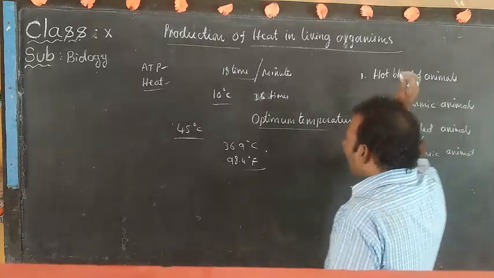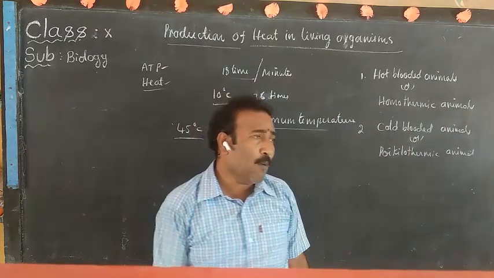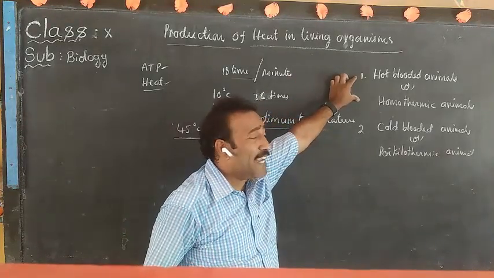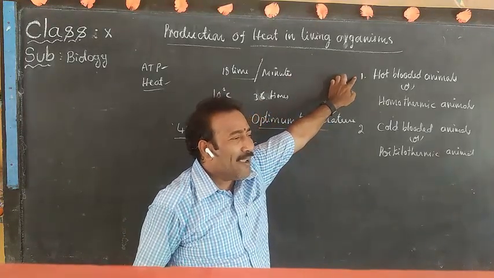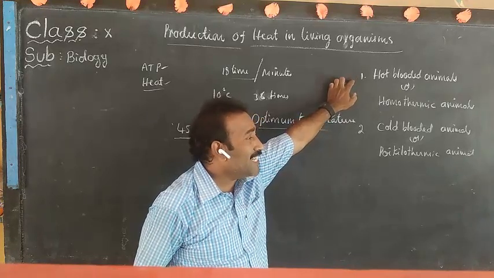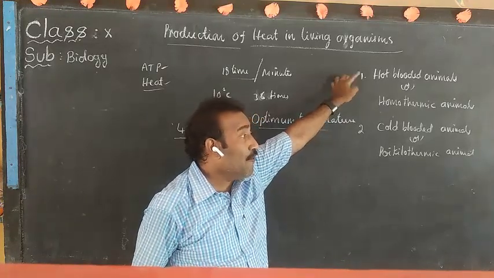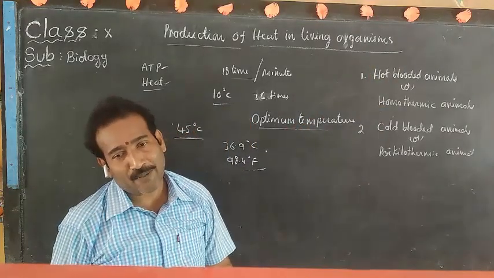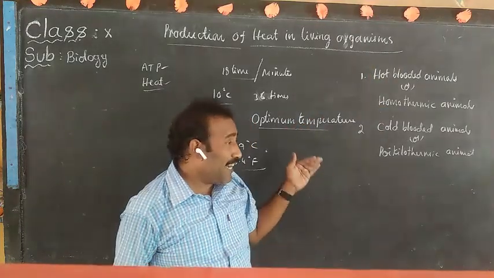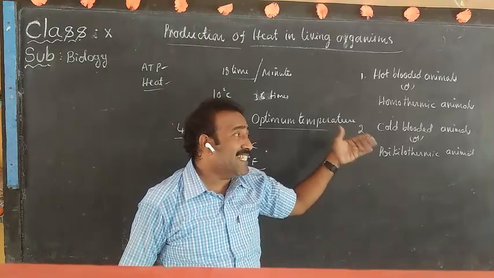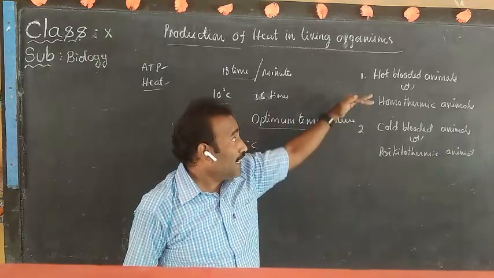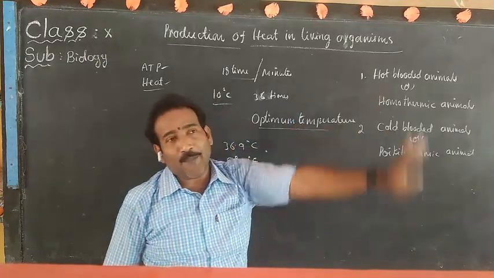What are hot-blooded animals? Homothermic animals are animals which have the capacity to maintain a constant body temperature irrespective of changes in the environmental temperature. Even if the environmental temperature increases or decreases, they maintain a constant body temperature.